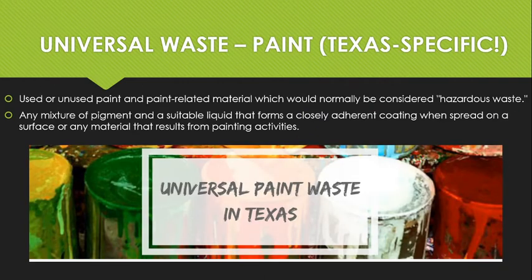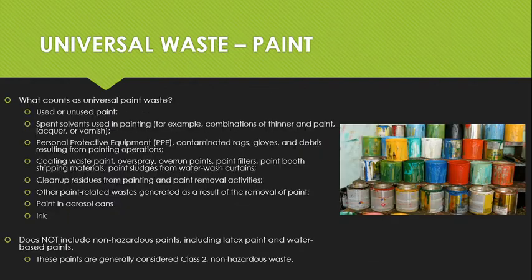And then this is a Texas-specific universal waste. So in Colorado, this does not apply. In Texas, they made a paint universal waste category. So it would be any mixture of pigment and liquid that forms a closely adherent coating when spread on a surface, or any material that results from painting activities.